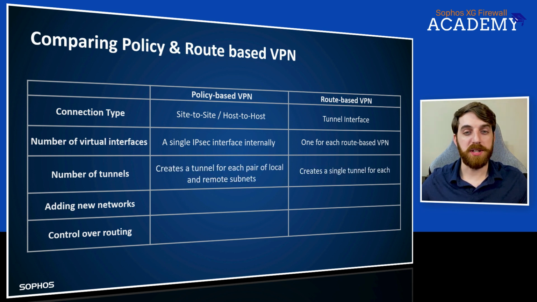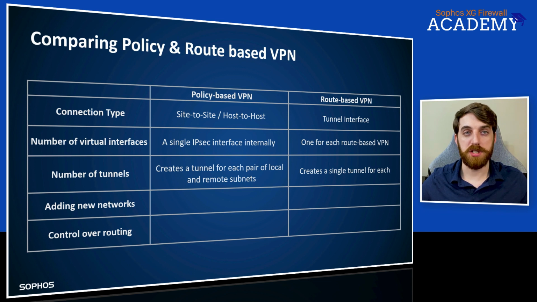For the number of VPNs, policy-based comes out ahead, where it creates a tunnel for each local and remote subnet pair. So if you have 2 local subnets in the policy-based VPN and 1 remote, you're going to end up with 2 security associations. If you have 5 local subnets and 5 remote subnets, then you'll end up with 25 security associations.